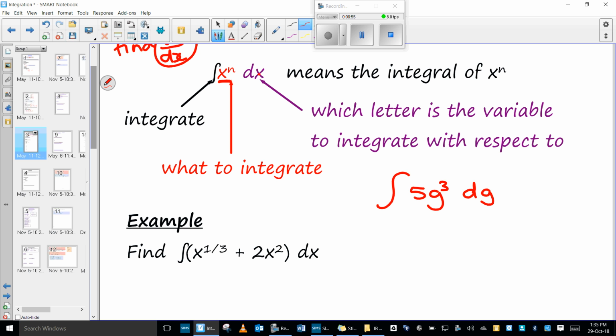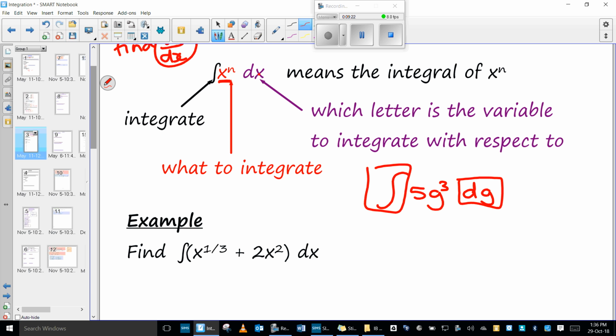So essentially this part and this part have nothing to do with the question itself, it's just telling you to integrate. Does that make sense? The integral sign and the d at the end just tell you what you're actually doing. It tells you you're integrating.